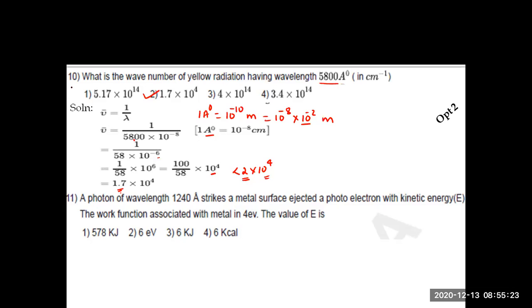Work function is threshold energy. So Nikita, 11th option 2, 6 electron volt. Okay. Yes, sir. How about remaining? Option 2, sir. Fine.